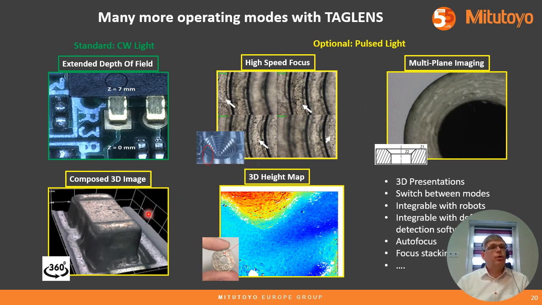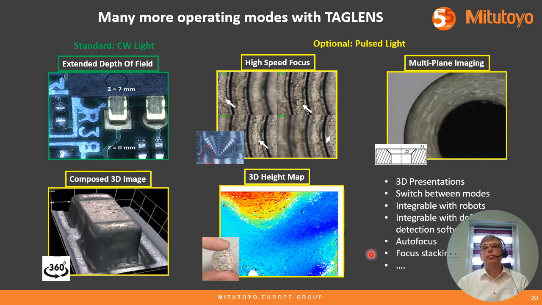It's also possible to generate 3D images. So a composed 3D image is possible using focus stacking features and combining this to a 3D image. And by calibrating the phase of the pulsed light, we have height information, and therefore it's possible to generate 3D height maps.